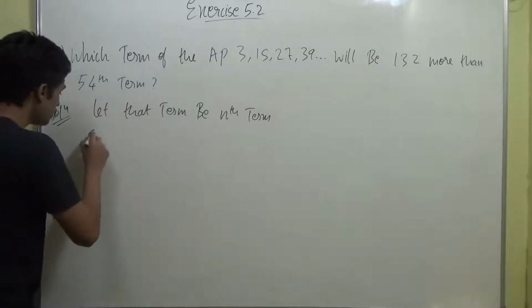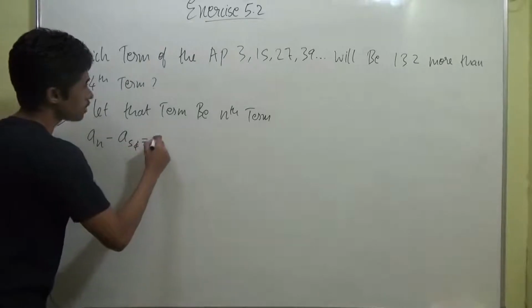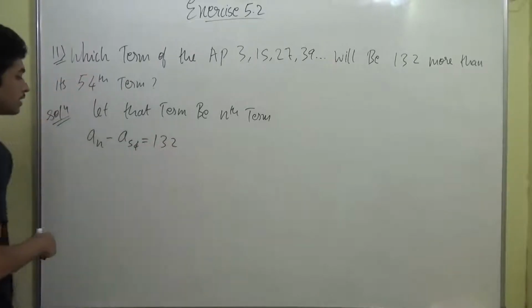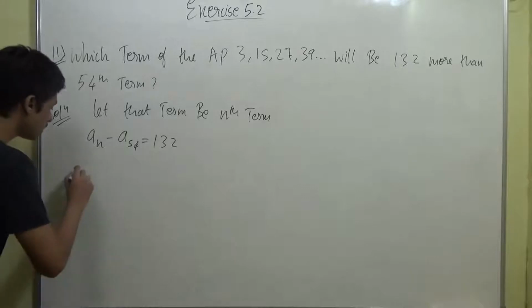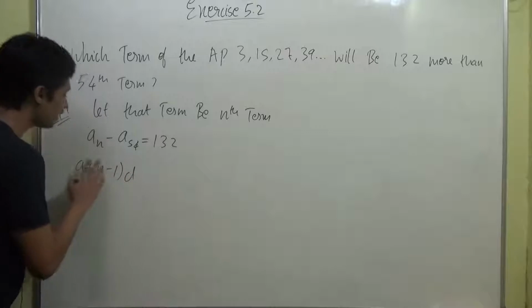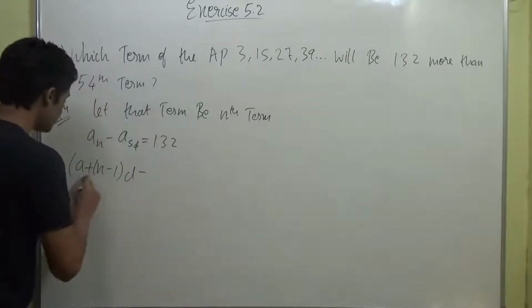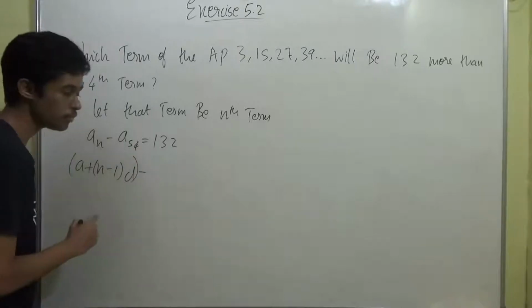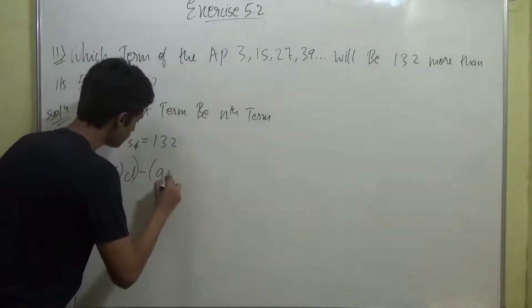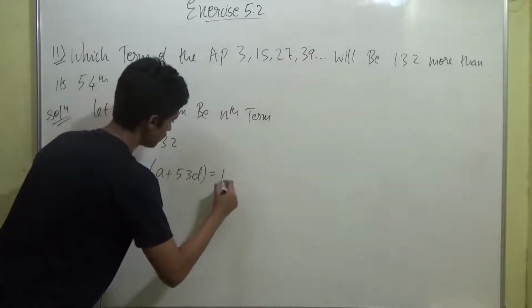That is A of nth term minus A of 54th term should give you 132. A of nth term is A plus (n minus 1) into D, where the value of n we don't know, minus A of 54, which is A plus 53D, equal to 132.